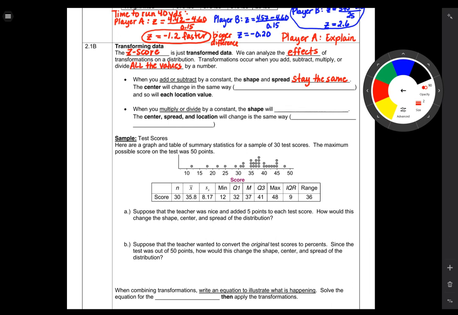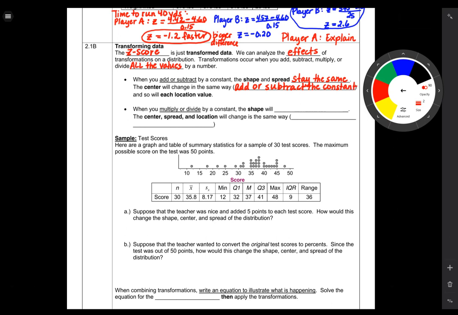So it's just going to be shifted to the right 5, but the shape's still going to be the same. If it's right skewed, it's going to be right skewed. The center will change in the same way, meaning you add or subtract the constant. And so will each location's value. And we'll do a sample problem here in a second.